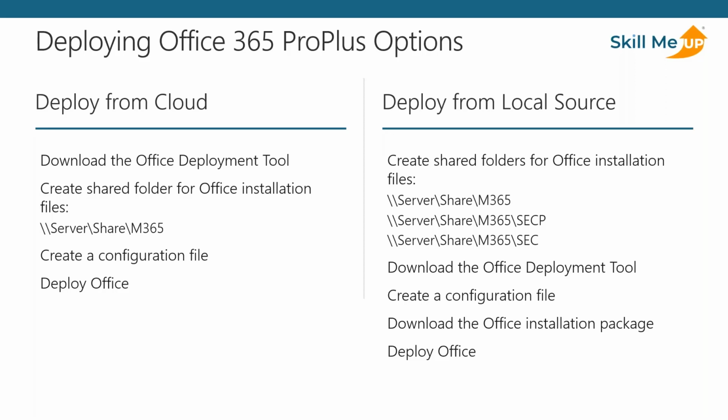Once you have that deployment tool and the files deployed, you then create the configuration file, you download the Office installation package that's required, and then you deploy Office utilizing whichever process you want to, whether you're using Configuration Manager, on-premises, System Center, or whether you're having them go to the share and double-click and install that way.